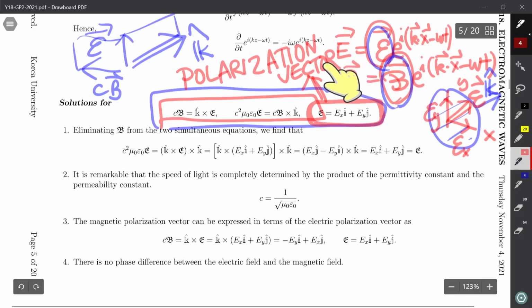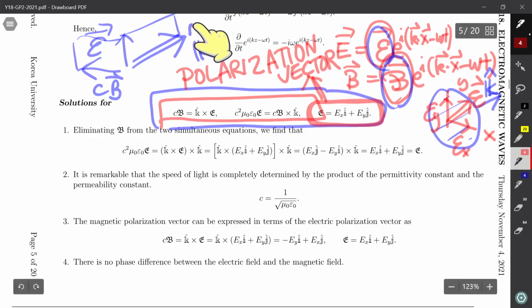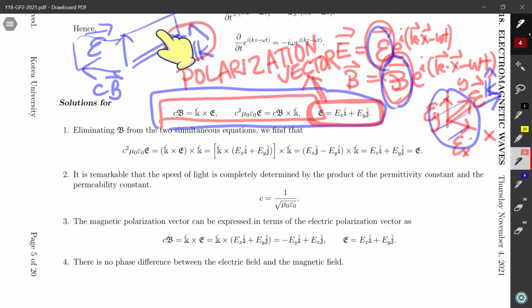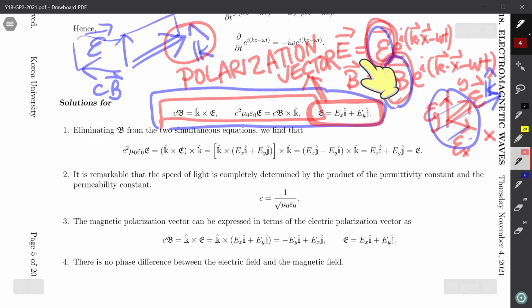Polarization vector is the vector, either electric or magnetic field vector, perpendicular to the direction of propagation, and that is independent of space and time. That is related to the amplitude of these electromagnetic fields.